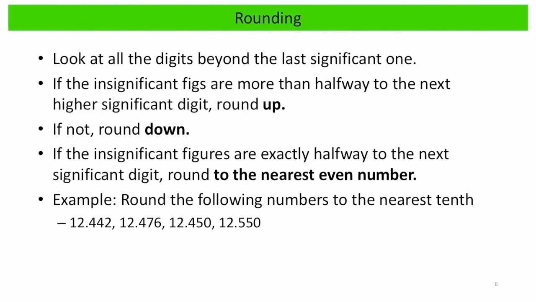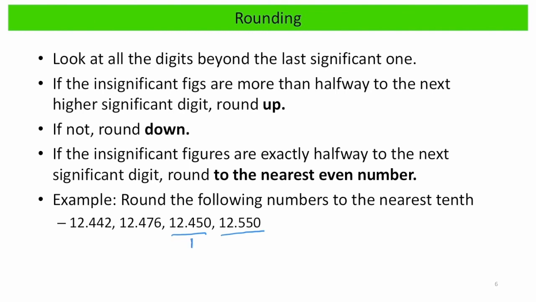Now the problem comes when you have a number that is exactly halfway in between 2 values. So for example, we'll just take these 2 numbers down at the bottom here. So 12.450 and 12.550. All right, so we look beyond the 4, we have a 5.